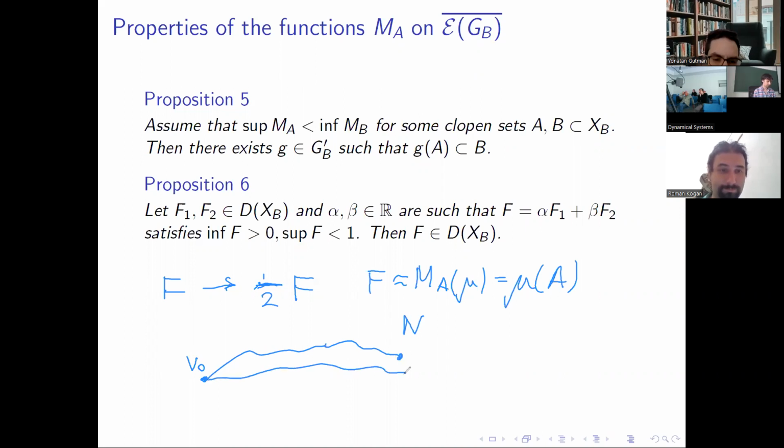The clopen set A will be a union of cylinders of level n.